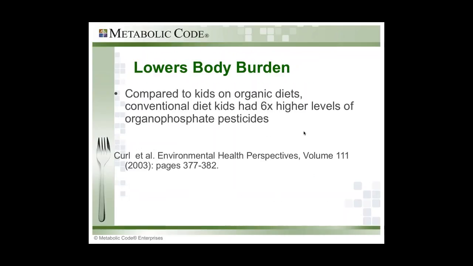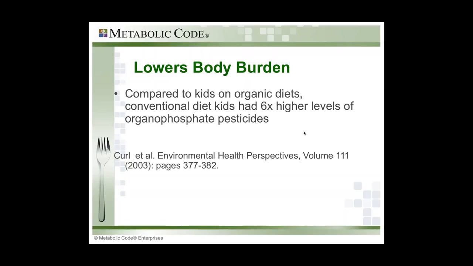And we're running out of time, so I don't want to go into the details of these slides, but these are studies that showed that when they did a study on kids, when they put them on organic foods and off of conventional, they compared the ones eating all organic to ones eating conventional. The conventional eaters had way higher levels of the organophosphate pesticides.